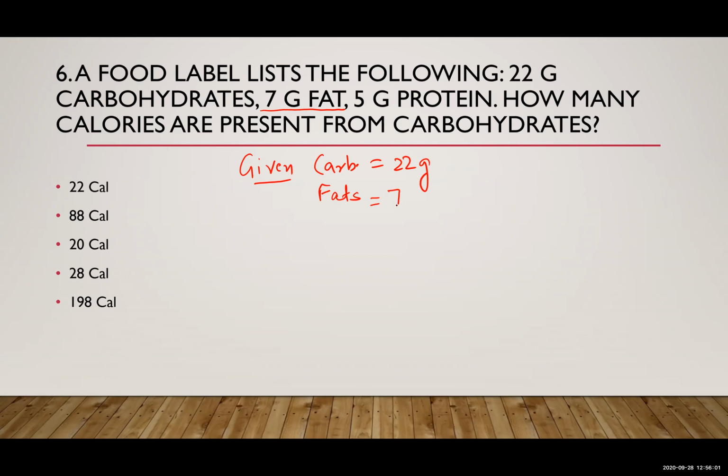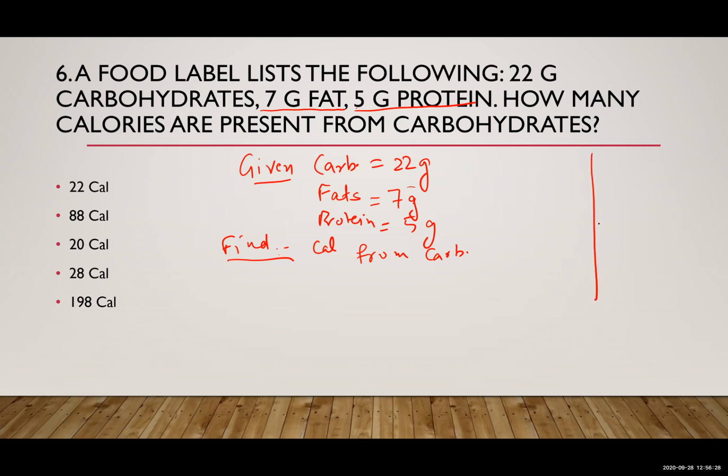And how many proteins? Proteins are 5 grams. And what do we want to find? Calories from the carbs. We only want to know calories from carbs. The others are extra. You don't even have to worry about it.